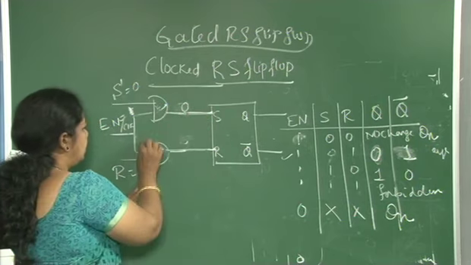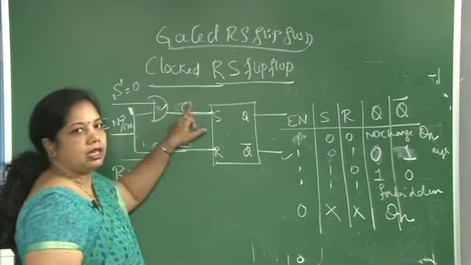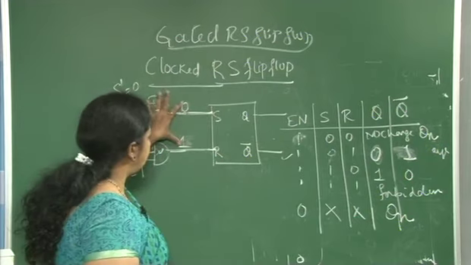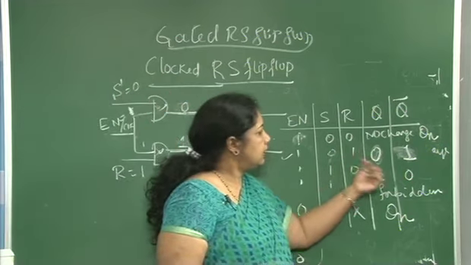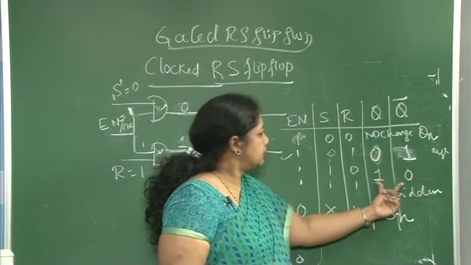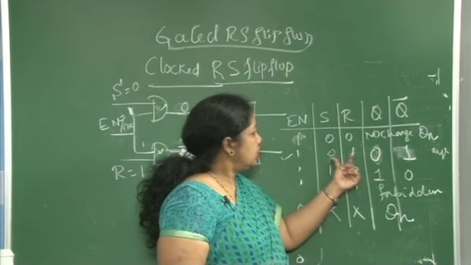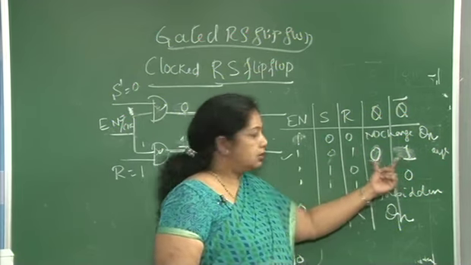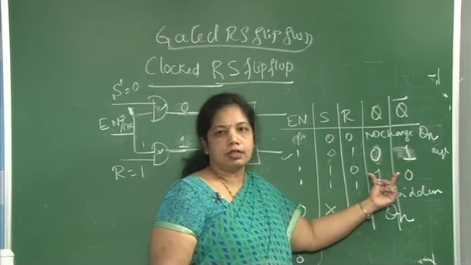The other is 1 and 1, so I get the input to the SR flip-flop as 0 and 1. So 0 and 1 is the reset condition, 1 and 0 is the set condition.